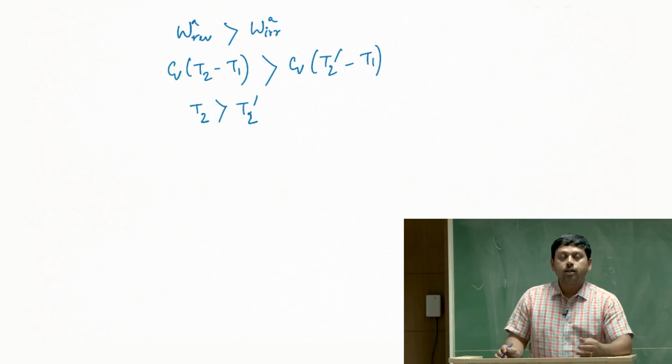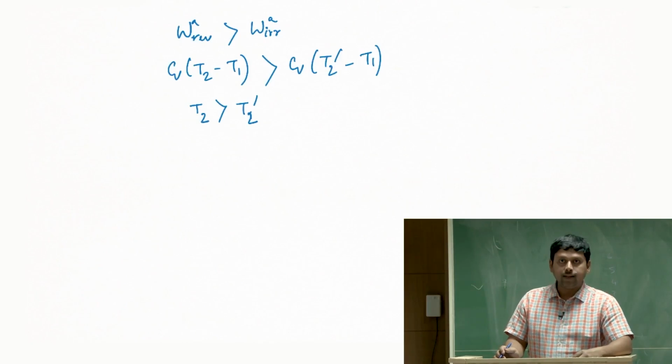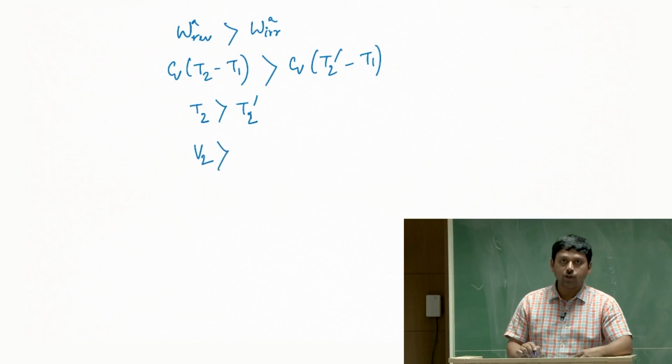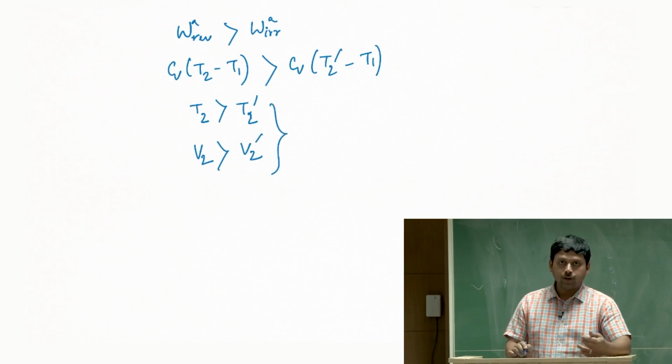So, the temperature will be lowered more in the case of adiabatic processes, and therefore, we can say that the final volume V2 obtained in a reversible process will be, because we know that V is proportional to T, right, because PV equals nRT. So, V is proportional to T. When the pressure is constant, V2 will be more than V2 prime. So, the final volume will be more in the case of a reversible process than an irreversible process.